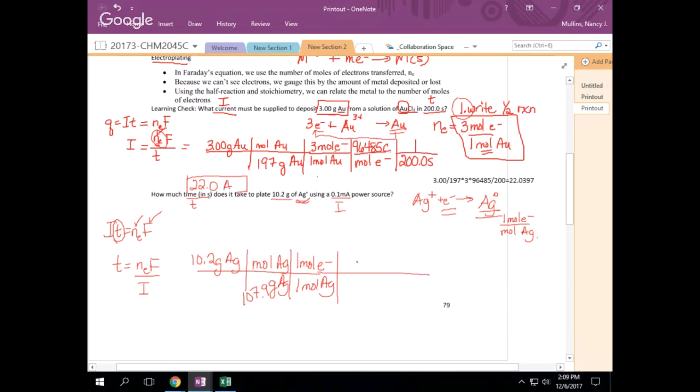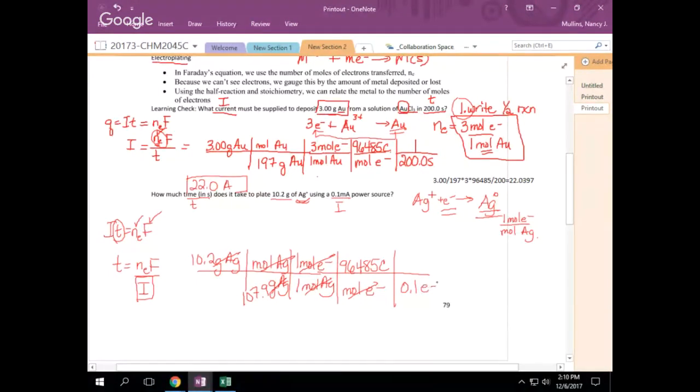Substituting in Faraday's constant, 96,485 coulombs per mole of electrons. Now I got coulombs. Need to divide by my current. My current is 0.1 milliamps.